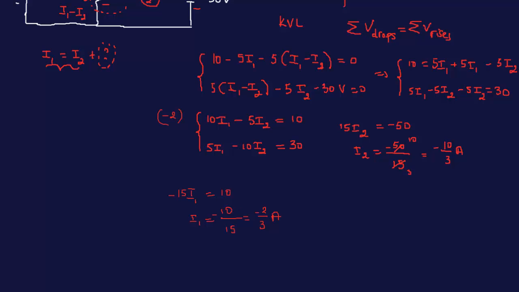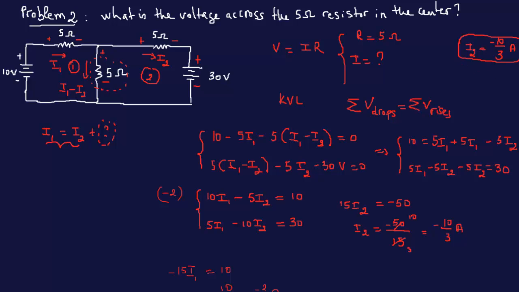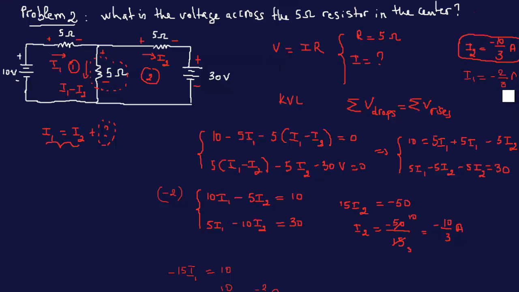Okay, so I1 was found to be equal to minus 2/3 amps. Oops, that 3 looks like a 5.